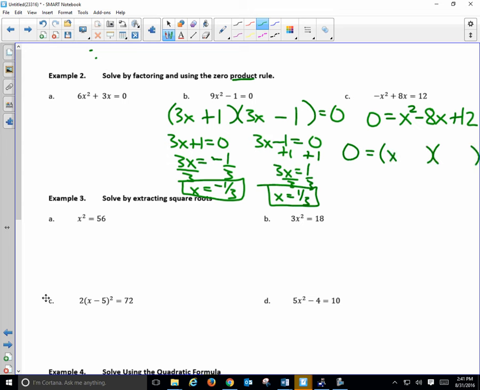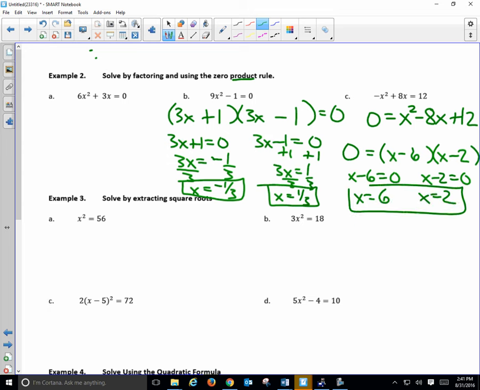Minus 6 and minus 2. So I take those two pieces, x minus 6 equals 0 and x minus 2 equals 0. What is the solution? X is 6 and x is 2. Two solutions, second degree. There you go. Good work.